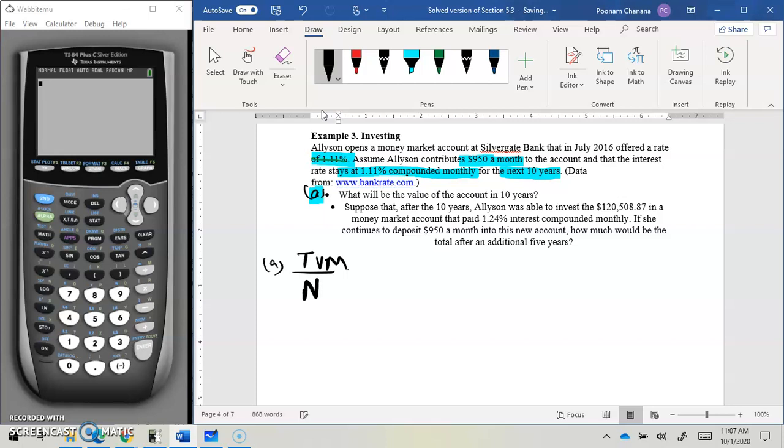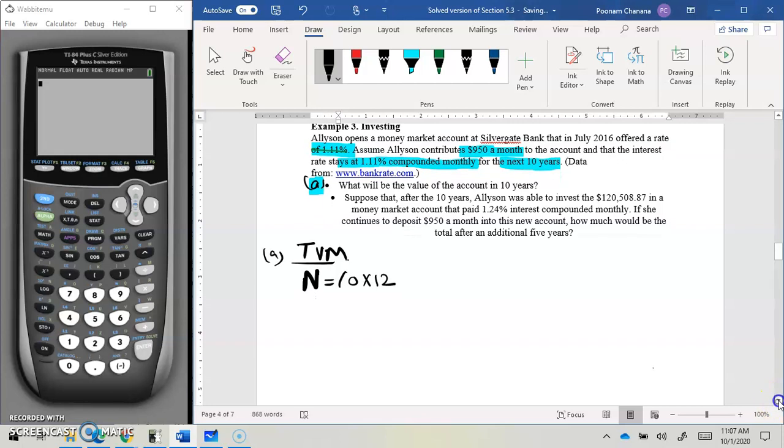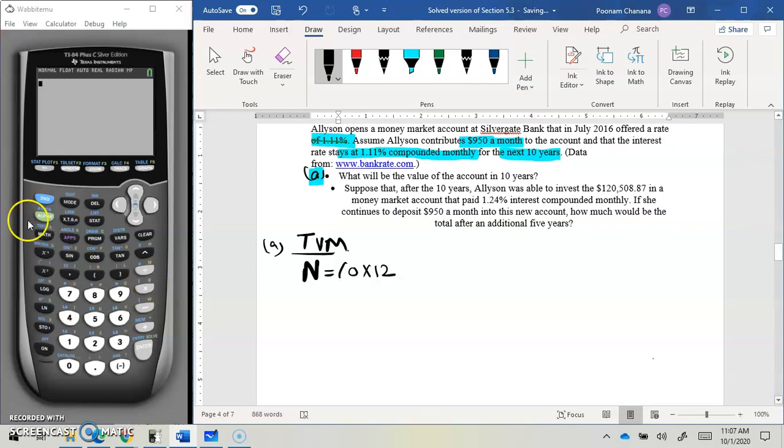Let's see. The first thing is N. She is making monthly payments. How many months in a year? 12 for next 10 years. How many total payments there will be? 10 times 12. So N is 120. Do we understand? Next, let's get our TVM solver so we know what is to be found. Press apps, finance, TVM solver. N is this.